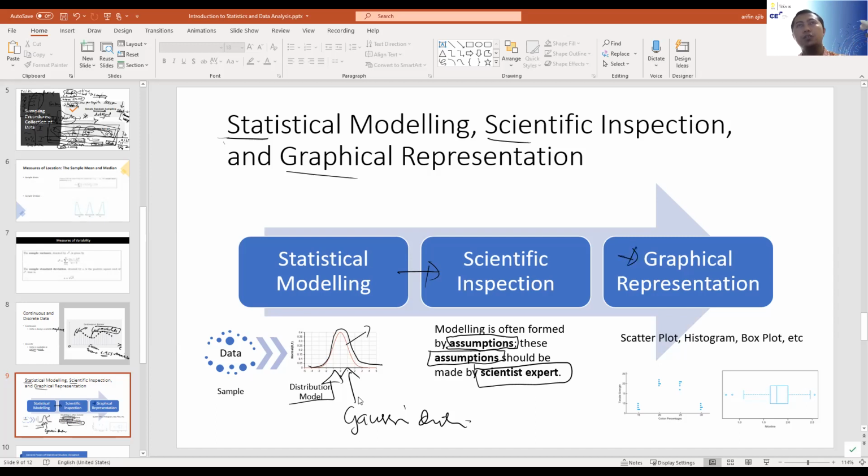Okay, the next is, after we get the data, we should represent it, we should present it in some kind of way. In this case, in graphical representation. Why should we present it in graphical representation? To be easy to read.